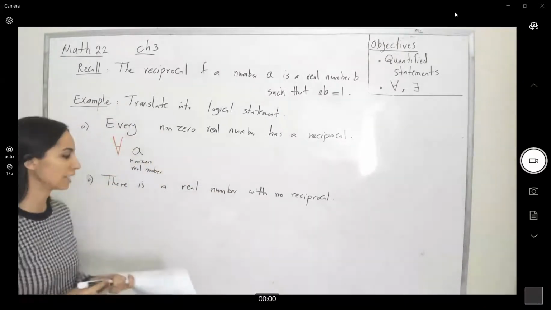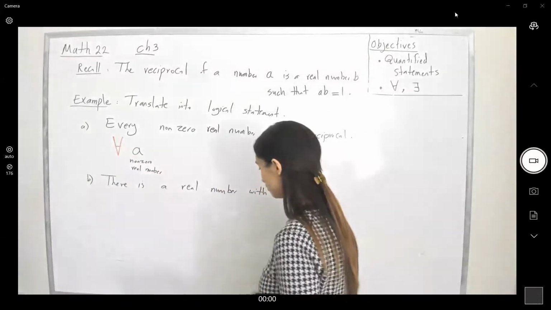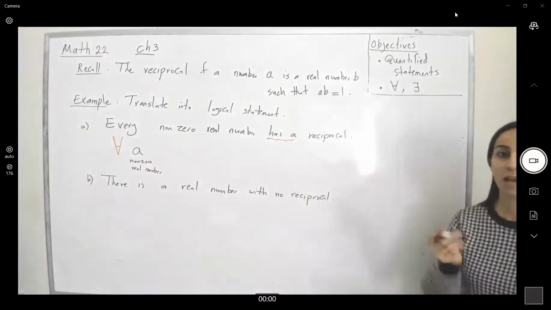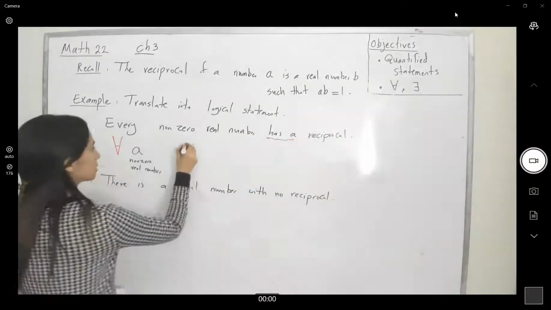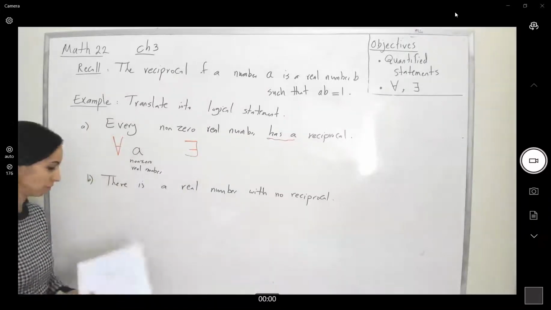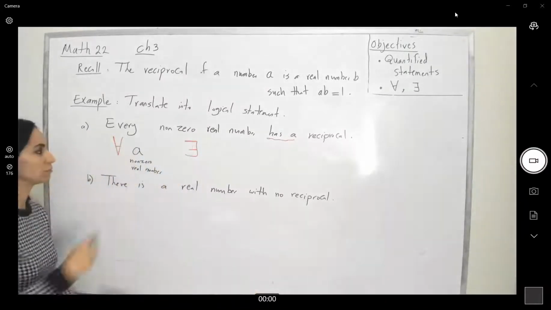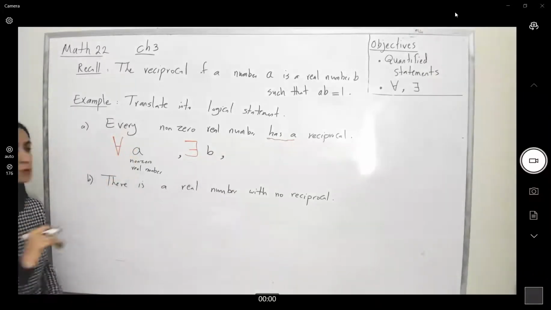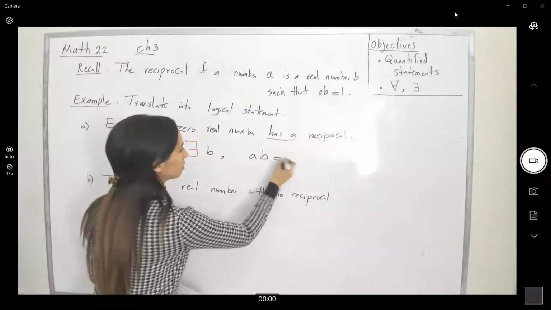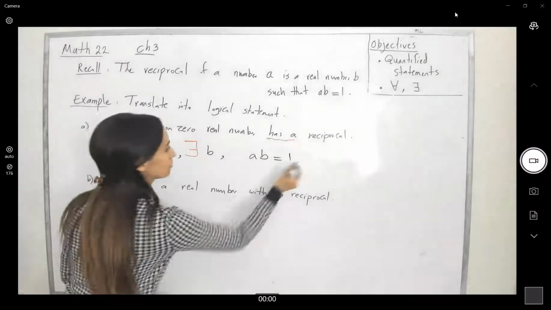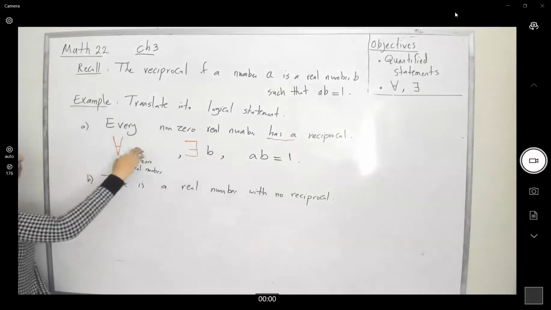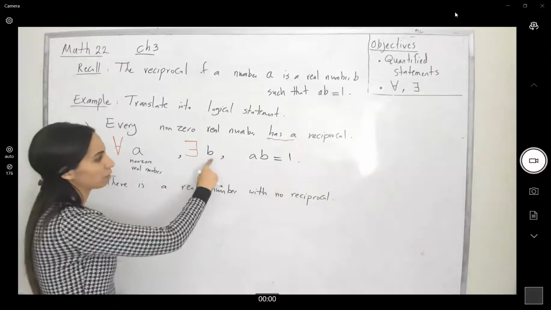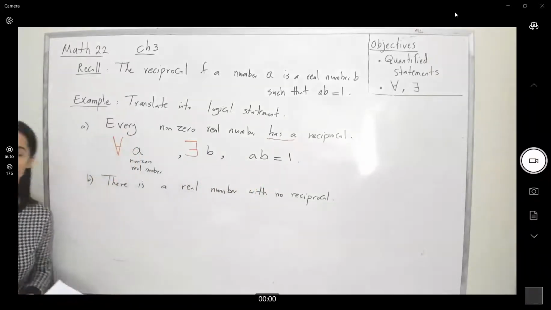What's the meaning of that? It means that there exists at least one, so there is B such that A times B is equal to 1. So for any non-zero real number, there is a real number like B such that their product is equal to 1.